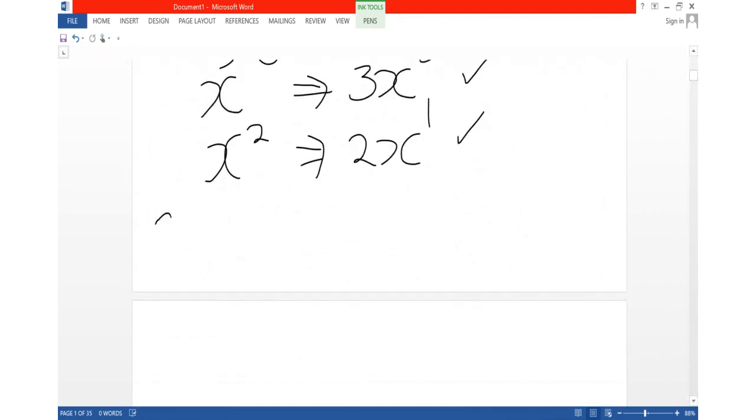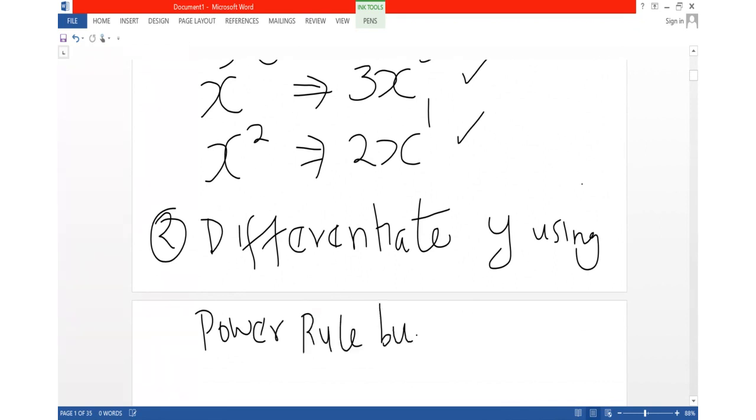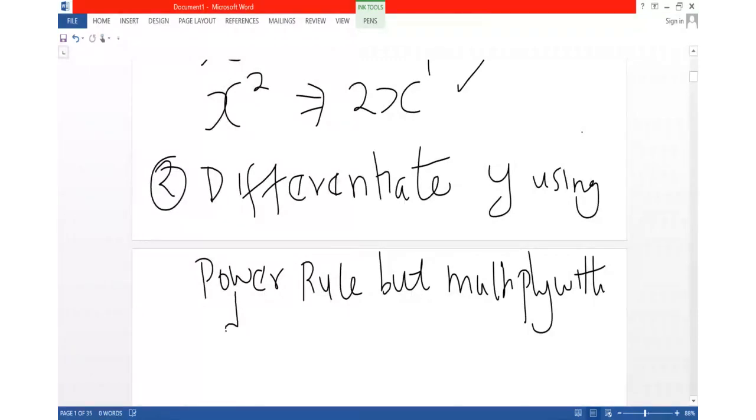Now the second rule, when you differentiate y, what do we get? We differentiate y still using power rule, but after we differentiate using power rule, we multiply by dy dx.